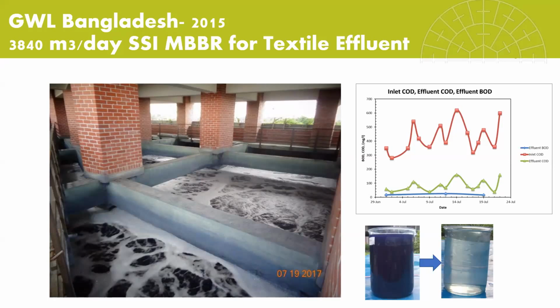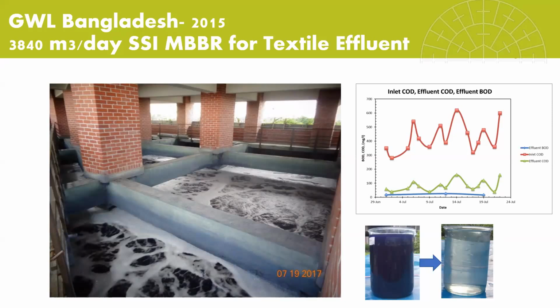While the flow rate isn't necessarily the highest, textiles have unique challenges in that the COD, BOD varies almost on an hourly basis depending on the production cycle. For those of you who have been involved in textiles, you know that production can change week to week or even day to day sometimes, depending on what orders or what buyers are present.